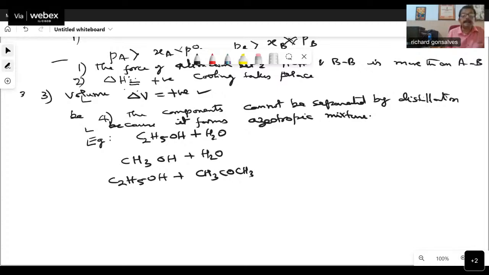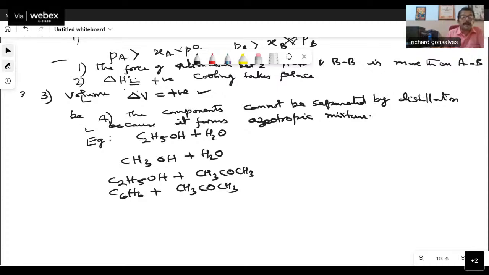You can even take benzene and acetone. These are examples which show positive deviation from Raoult's law. When you mix such solutions, cooling is observed. Second, volume increases, and both the components show positive deviation from Raoult's law. The reason is attraction between A and B will be less. Attraction between A and A is more, B and B is more. Attraction between A and B is less.